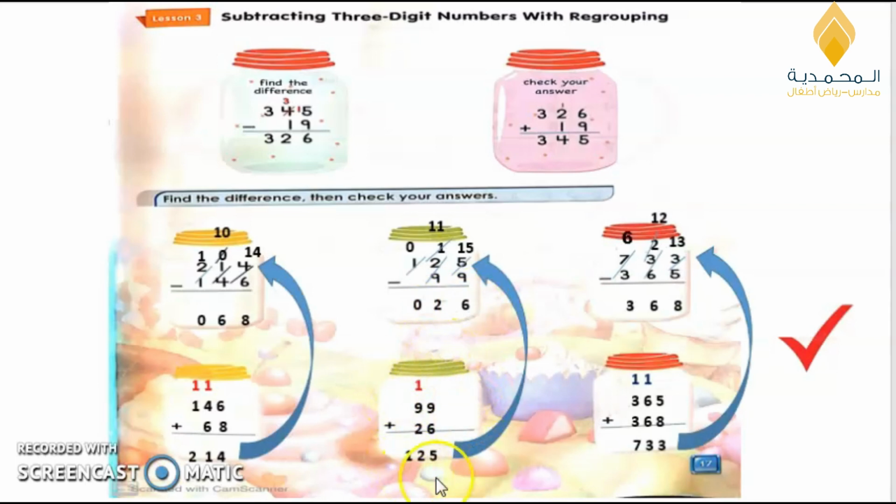Here's the jar for checking if our answer is correct or not. Okay, as I mentioned before, we should add this number to this number. Okay, I will take 99 plus 26. I will put it here. And I'm going to go ahead and add them together.